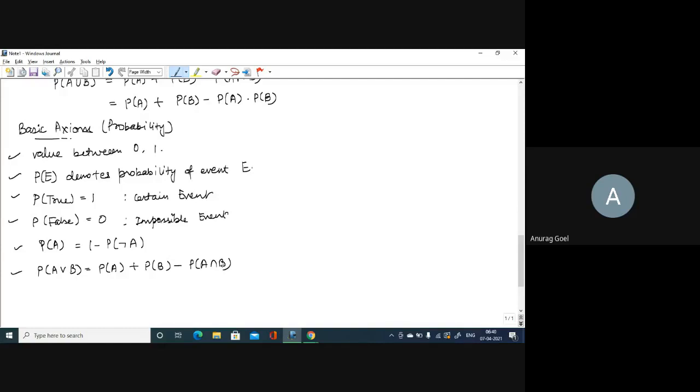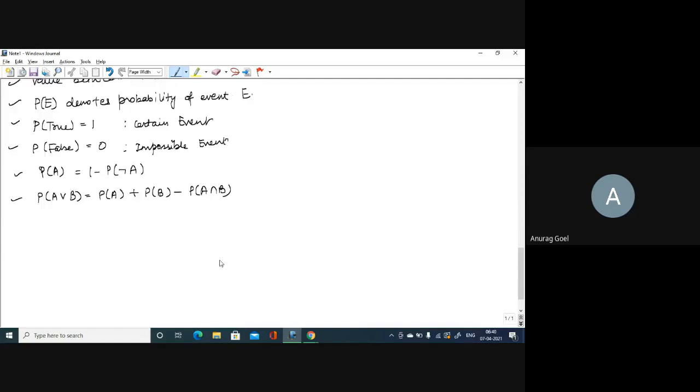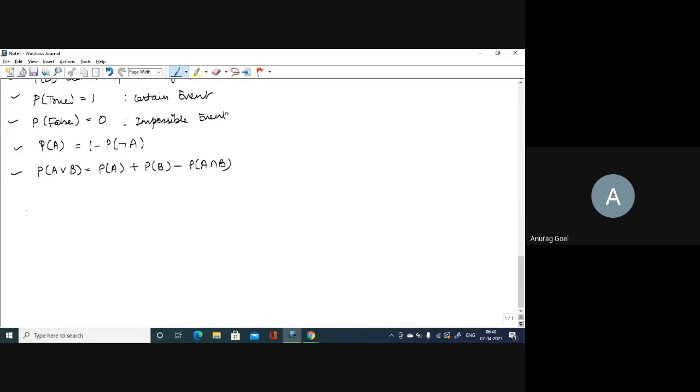Okay. Now next comes conditional probability. Conditional probability describes dependent events. Till now we have considered independent events, and based on that we have drawn these formulas or arguments.